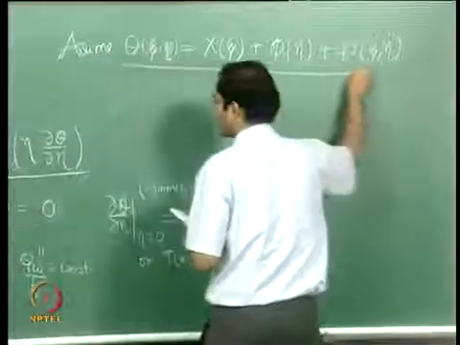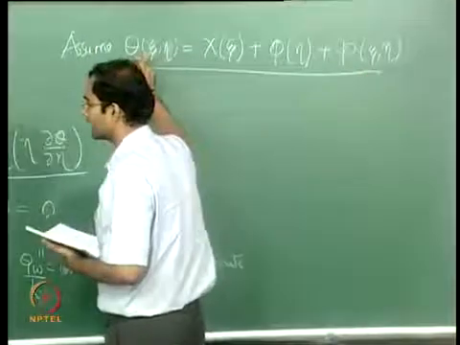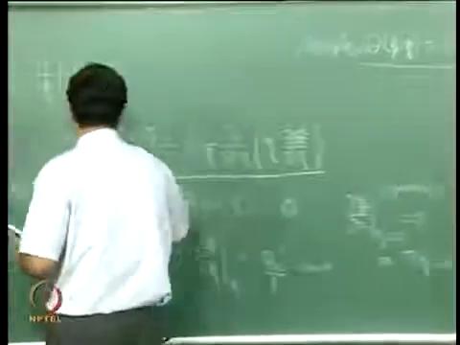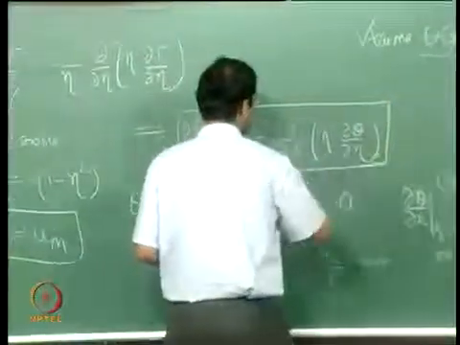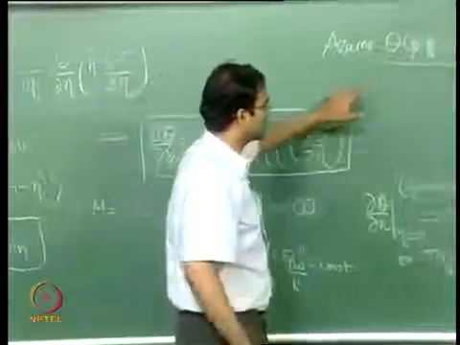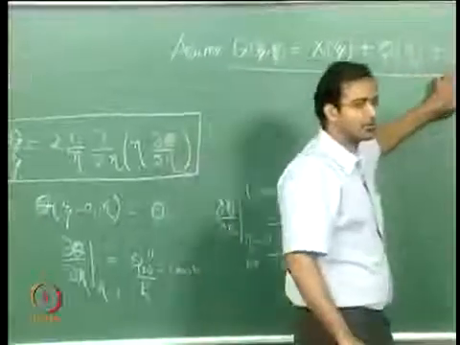This assumption works well because the equation is linear, and therefore if you assume a linear combination of solutions, that should also be a solution.